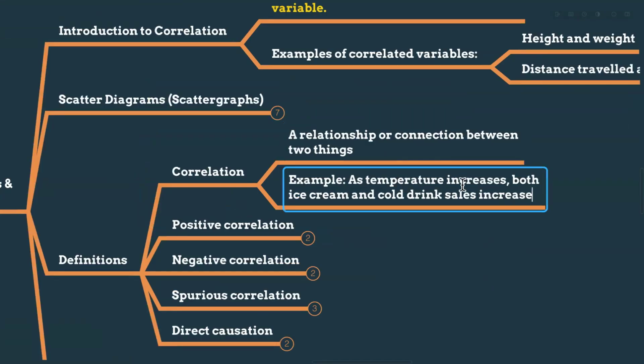Example, as the temperature increases, both ice cream and cold drink sales increase. In very hot times, when the temperature increases to 29, 30, 32, the ice cream sales are going to increase, and the cold drinks sales also increase. So there's a correlation, a relationship between the two item sales.